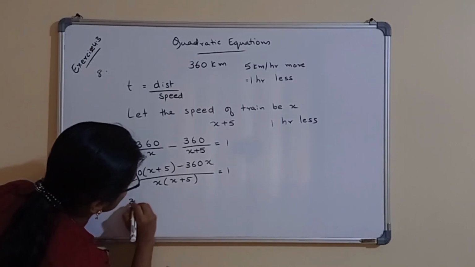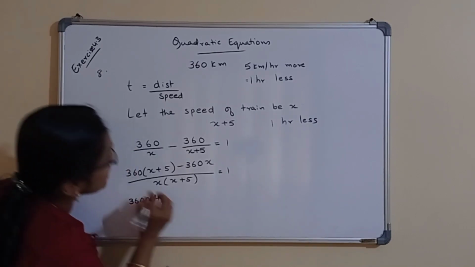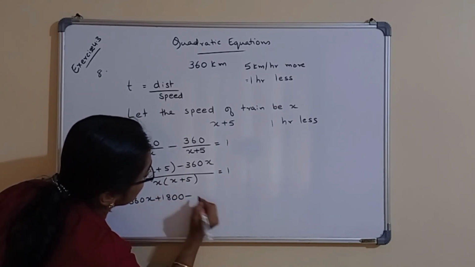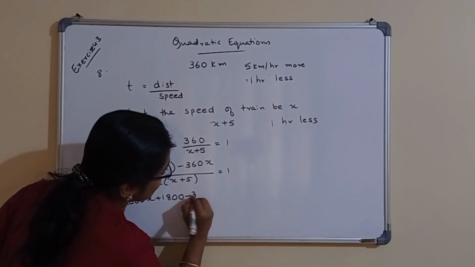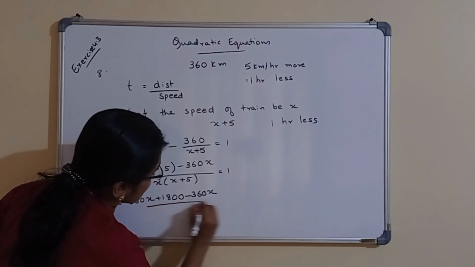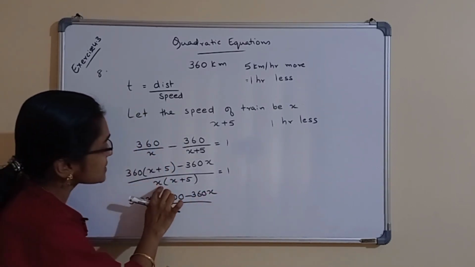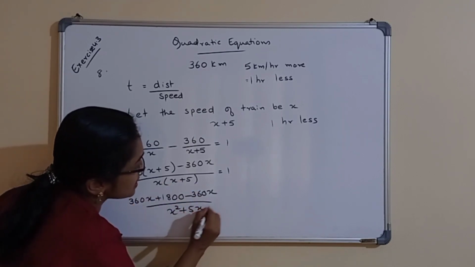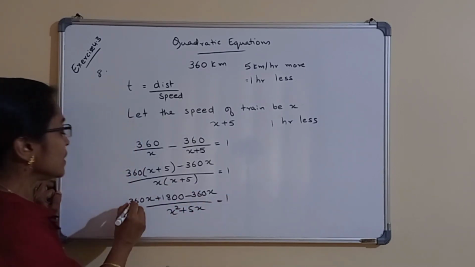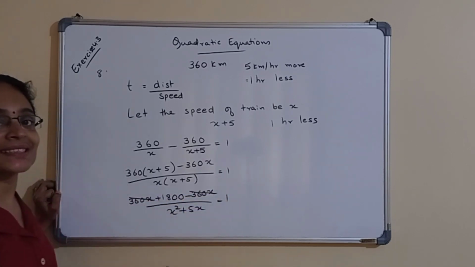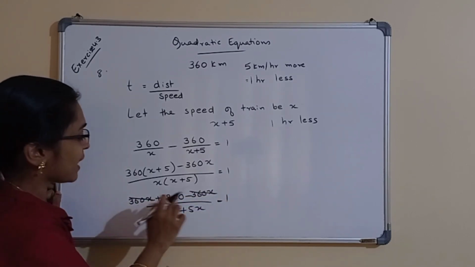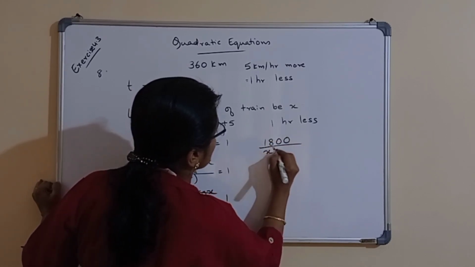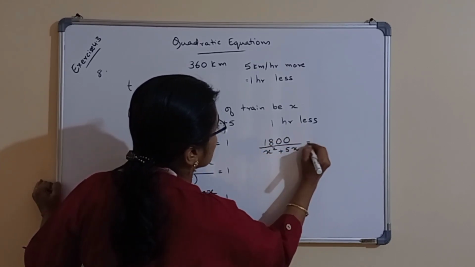Which means 360x plus 360 into 5 is 1800, minus 360x by x into x plus 5, which is x square plus 5x, is equal to 1. Now 360x minus 360x is 0 and we have 1800 by x square plus 5x is equal to 1.